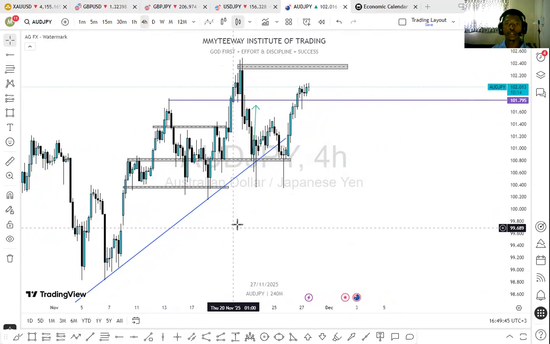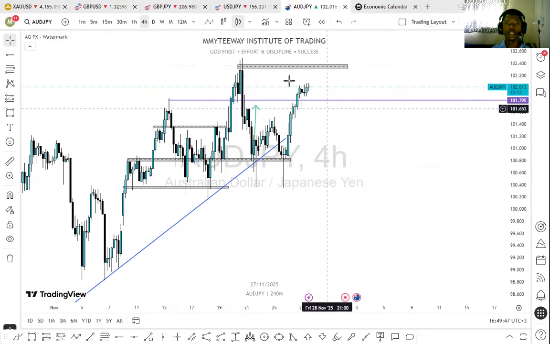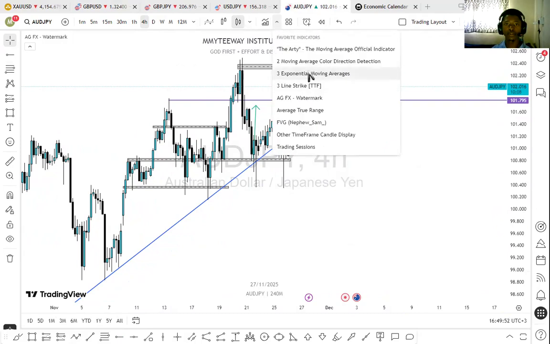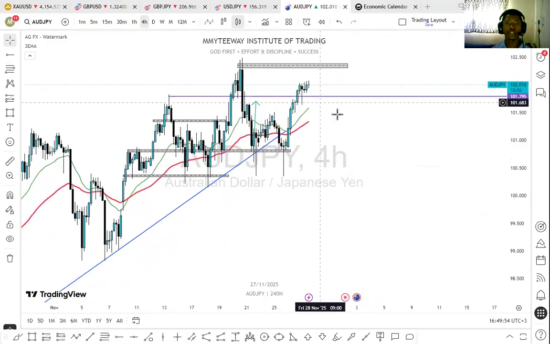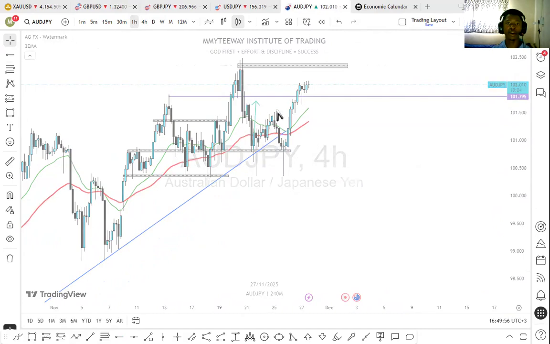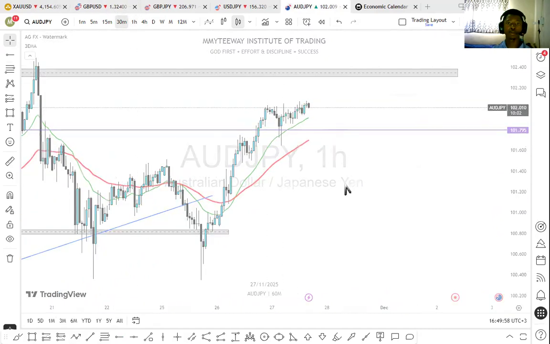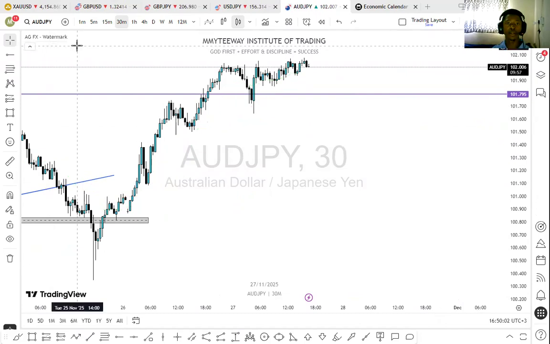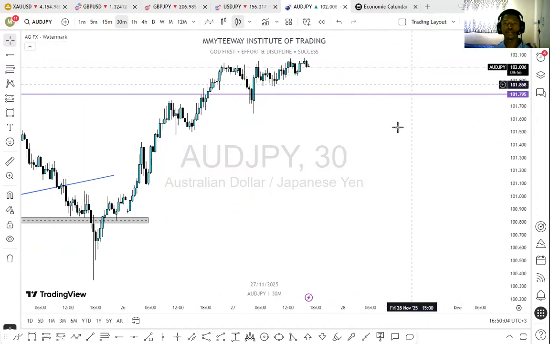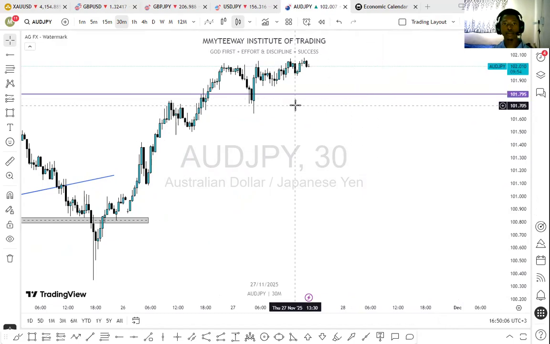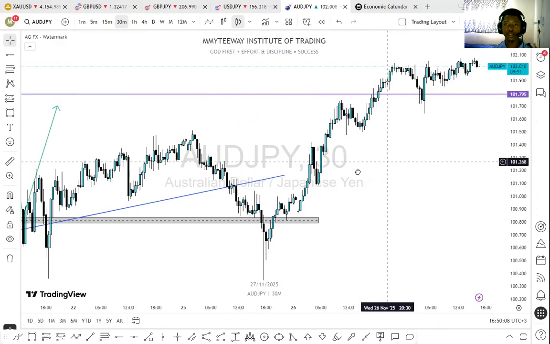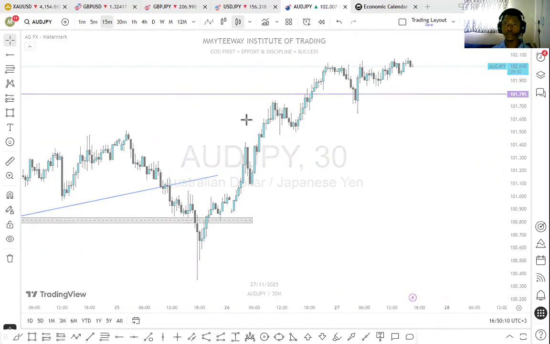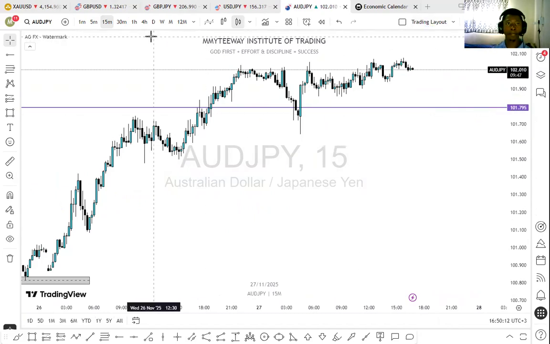I'm not looking forward to taking any trades here. But without even putting our trend confirmation, you can see the 4-hour is uptrend, 1 hour uptrend, and 30 minutes uptrend also, which are very good confirmations that we should be going up.